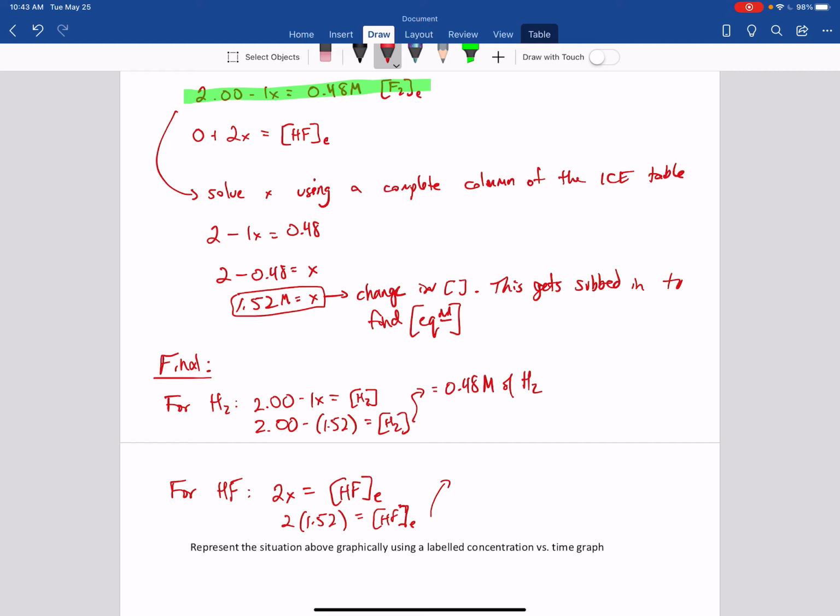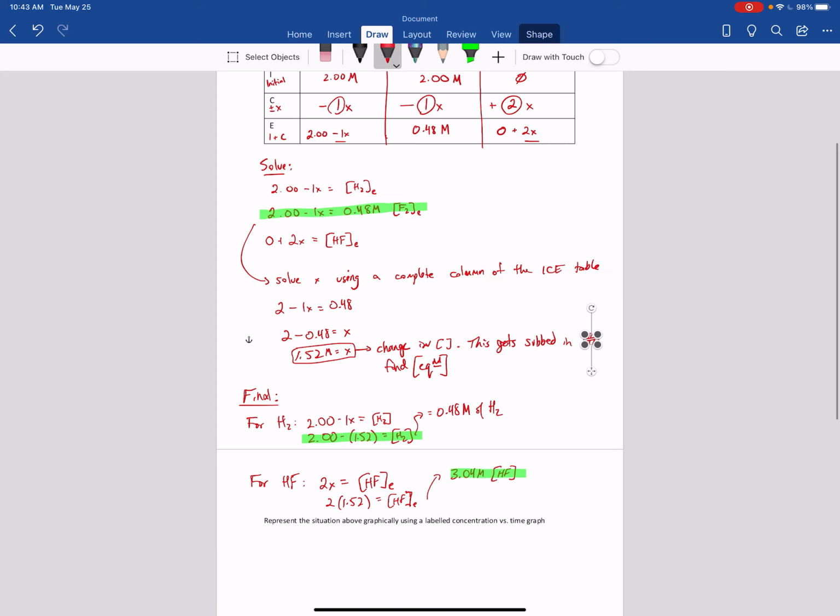And I'm making this very formal. You can probably look at the expression and evaluate it without all of this math, but just to be safe, I'm going to show it all here. So 3.04 moles per liter equals the concentration of hydrogen fluoride. Okay, and I'll just highlight those so we can see all of our final answers in green.